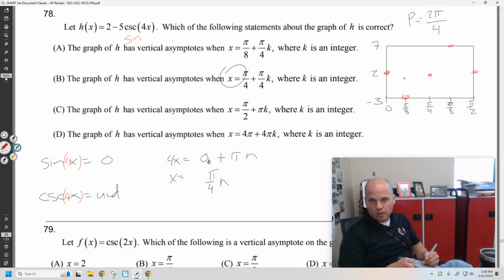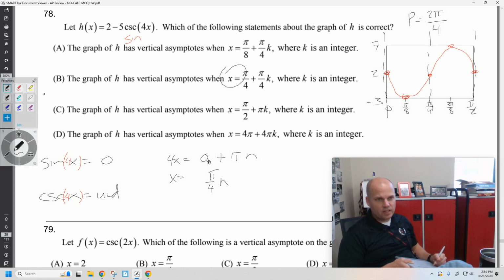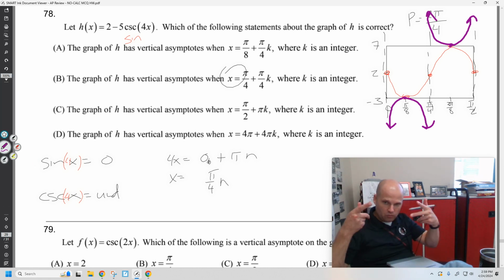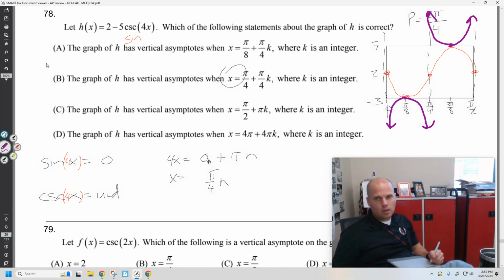This is a little bit more work to do. Whenever you have a 0 flipped, it becomes undefined, a vertical asymptote. Whenever you have -1 flipped, it's -1. Decimals become large numbers, and large numbers become decimals when you flip them. And that's another way to say 0, pi over 4, and then multiples of pi over 2.